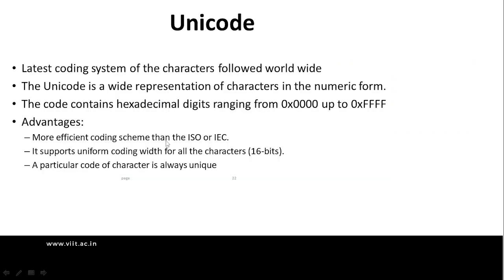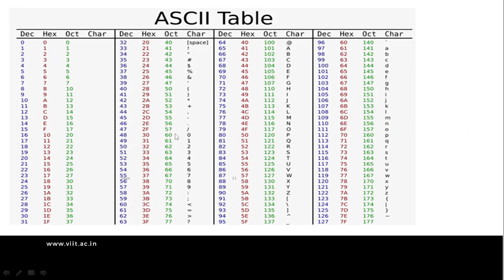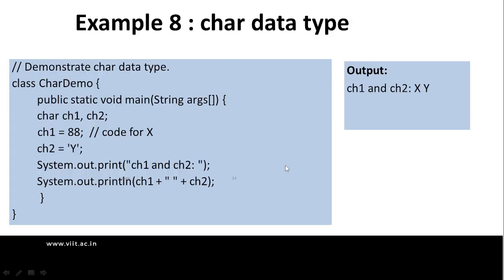If you see this ASCII table, this is the character code for 88. See, decimal 88 is for X. If you observe carefully, if you want character X, and if you want to represent it in number without giving single quotes, this is X, see, 88.